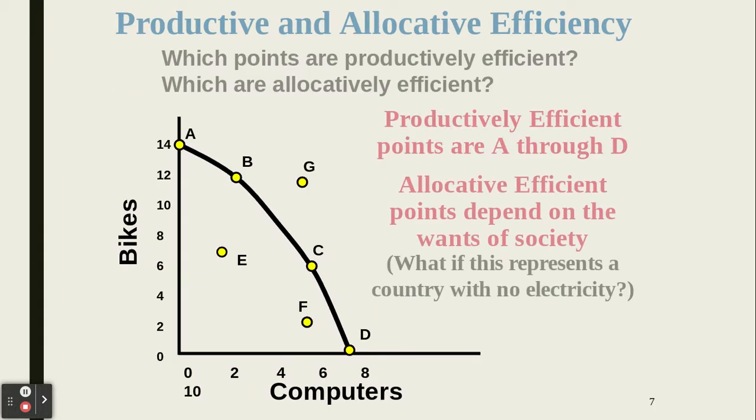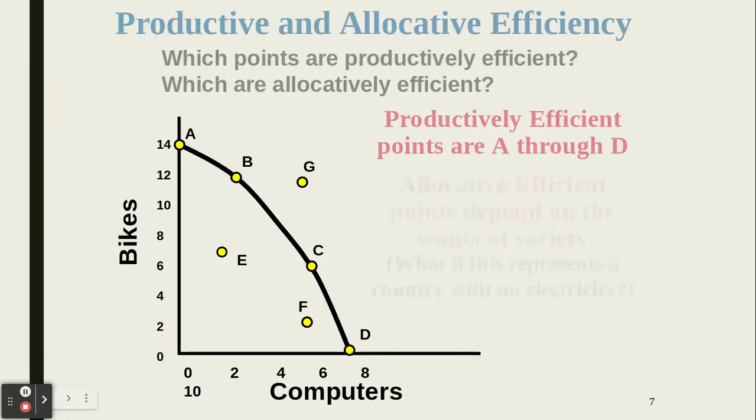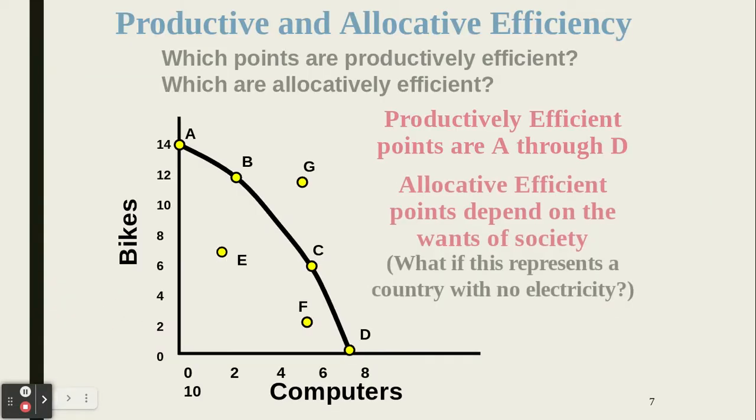Any point, point A through D, any of these along the line here, is what we call the production possibilities frontier, which shows the maximum efficient output out there.